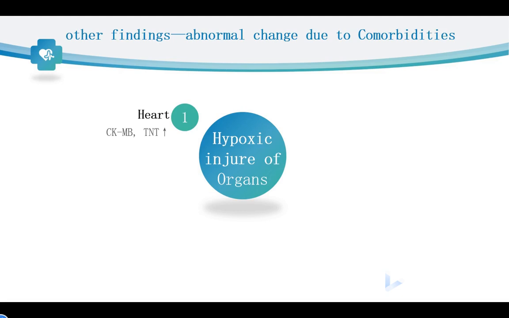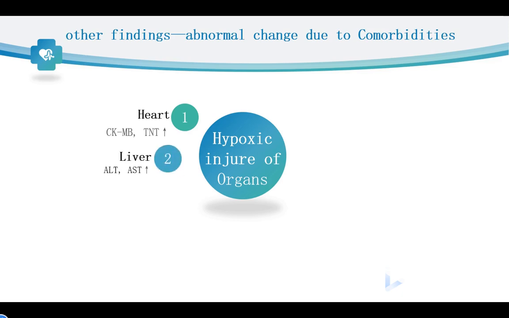Other abnormal findings can be divided into two groups. The first group is associated to the comorbidities which are caused by the hypoxic injury of organs. For example, we usually can find an increased CKMB or TNT because of the hypoxic injury in heart.